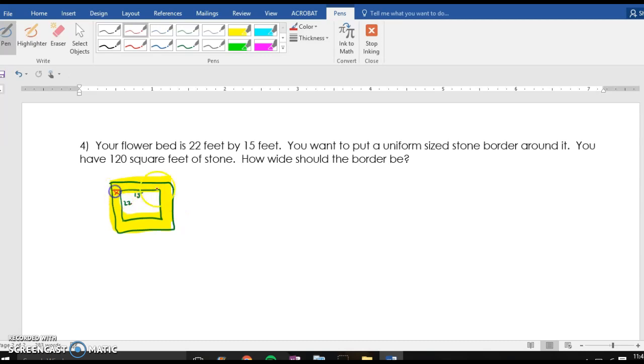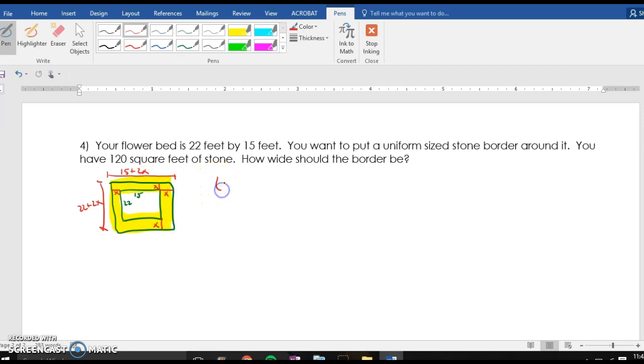Well, I know I'm extending these two sides by x, and I know I'm extending this by x and x also. So the length of this side would be 15 plus 2x. This would be 22 plus 2x. So now the yellow area, we would take the area of the big rectangle.